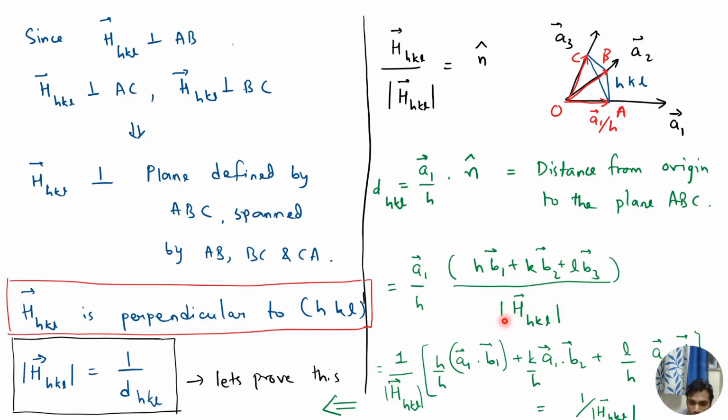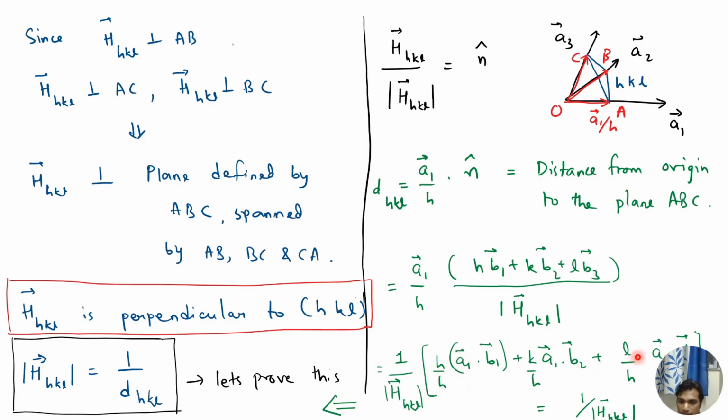When you evaluate that, you know that a1 dot b1 is 1, but a1 dot b2 is 0 and a1 dot b3 is 0. So these terms will cancel, and the only thing you will have is h by h, which gives 1, since a1 dot b1 is 1.